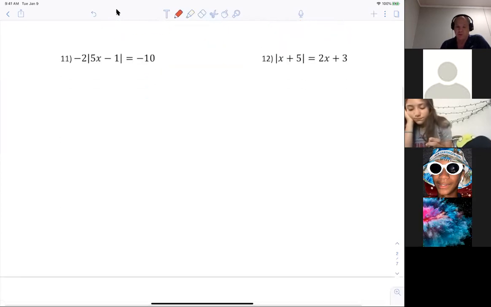So number 11, what do I have to do? I have to divide everything through by negative 2 first. So I have the absolute value of 5x minus 1 equals 5.